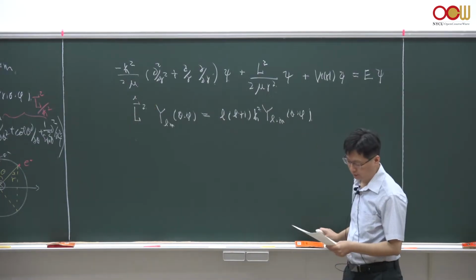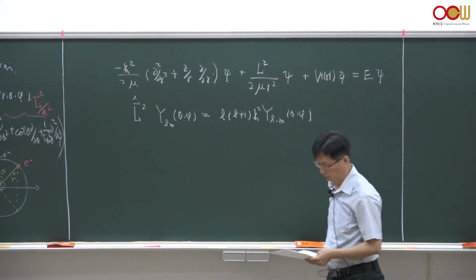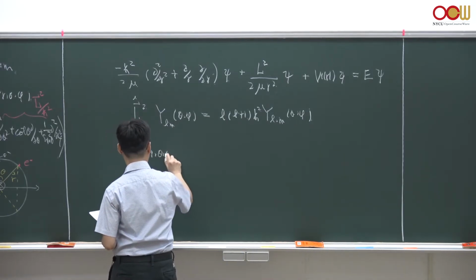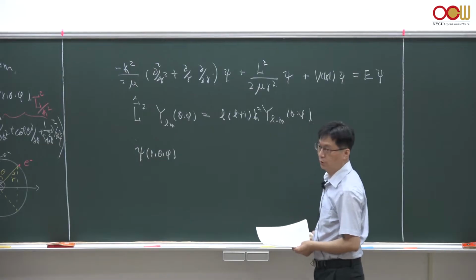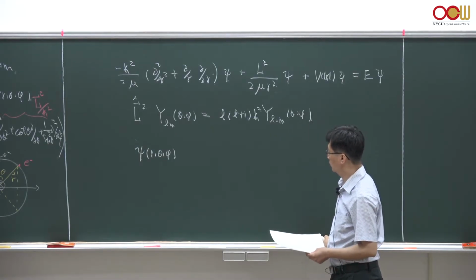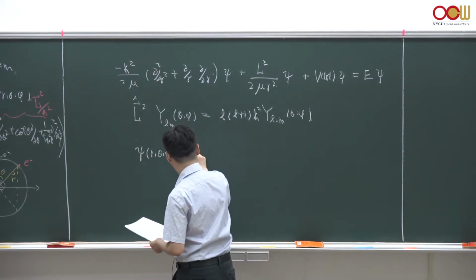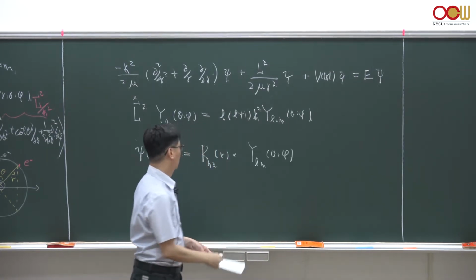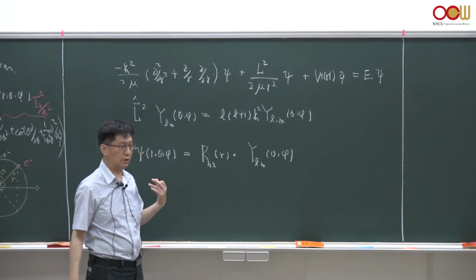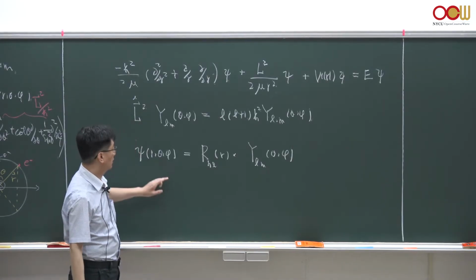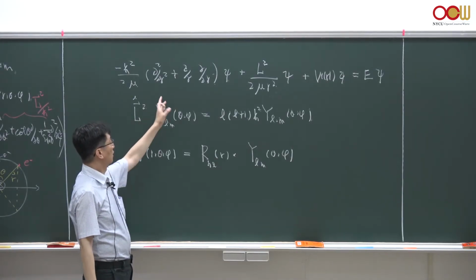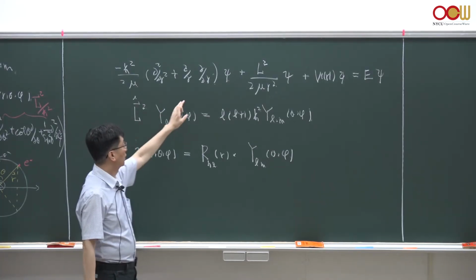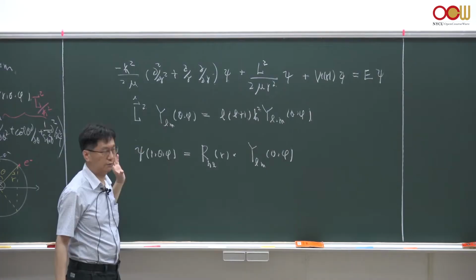This gives us a very useful hint or educated guess that the full solution of this Schrödinger equation for hydrogen atom, psi as a function of r, theta, phi, could be written in such a product. This kind of separation of variables is coming from the observation that you have two independent functions.